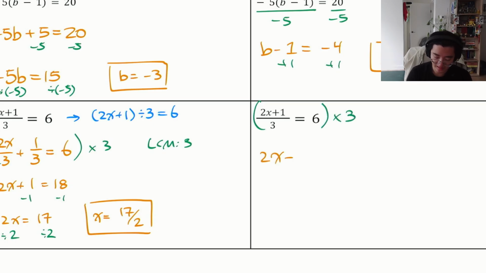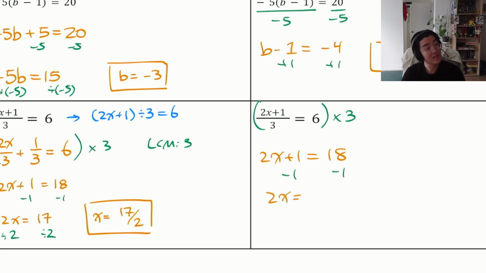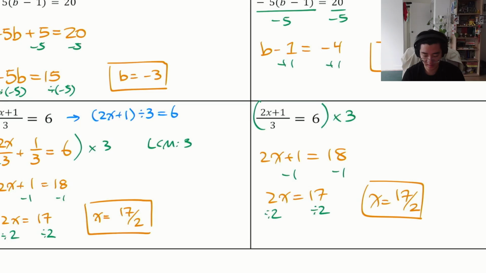Because from there, we go straight to 2x plus 1. We don't have to split everything up. We just get rid of the fraction right away. And then the same steps. You can leave it as improper, it's not divisible.